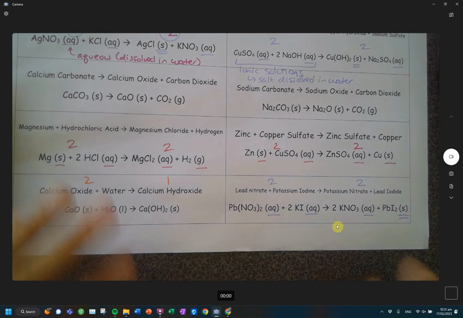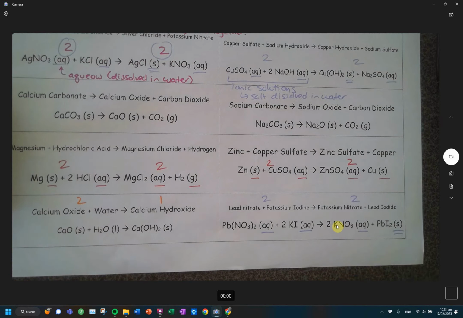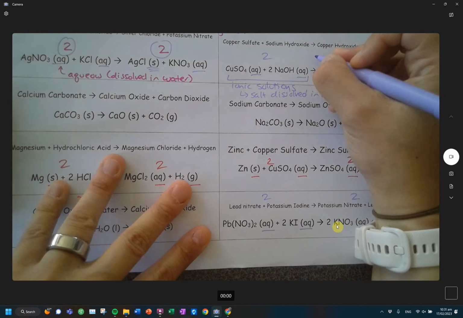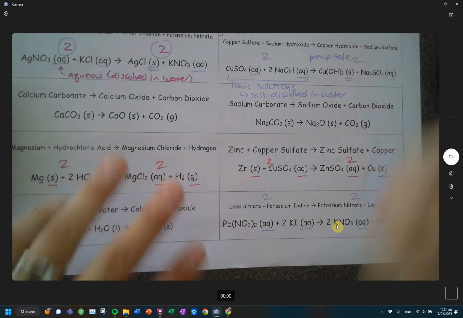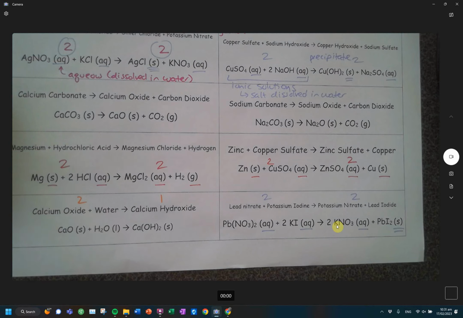And after I mix those 2 things together, I'm producing a solid. That solid is known as our precipitate. It's raining out. Does this ring a bell? So we then call these precipitation reactions.